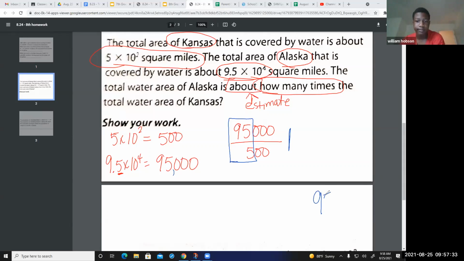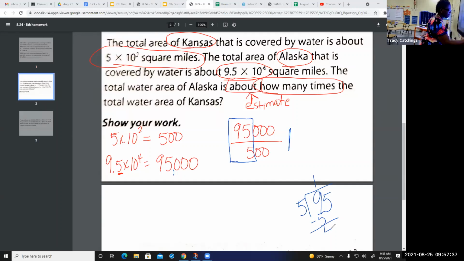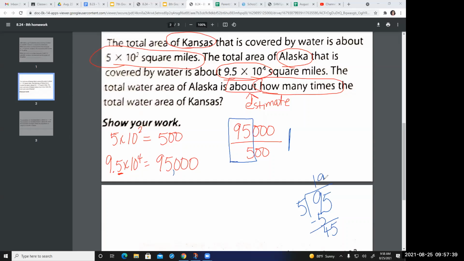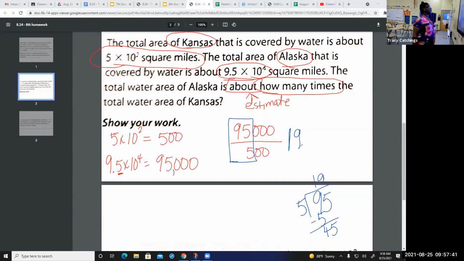I'm trying to see who forgot how to divide, and we divide by 5. Come on, wake up. 19. So then we eliminate those zeros that are the same. How many zeros are we left with? 1. So that means it's about 190 times greater.